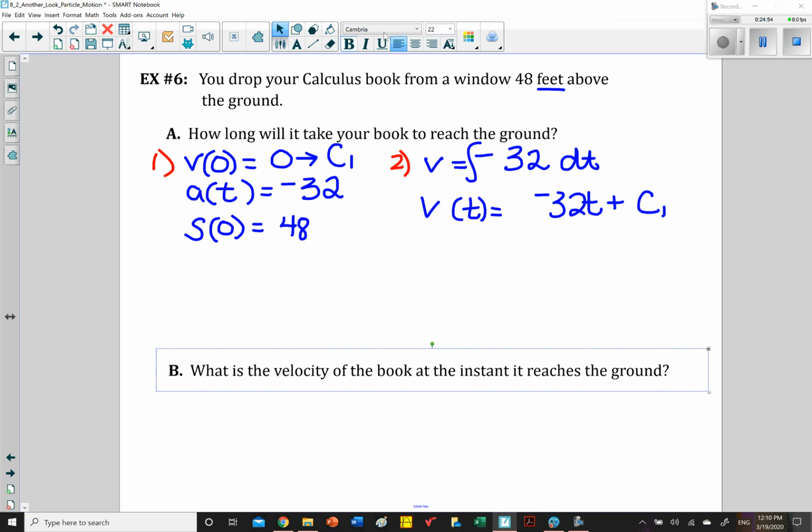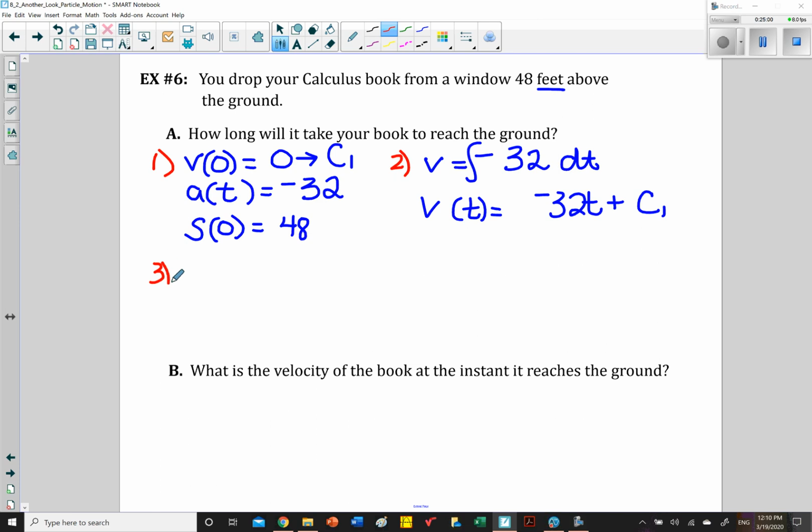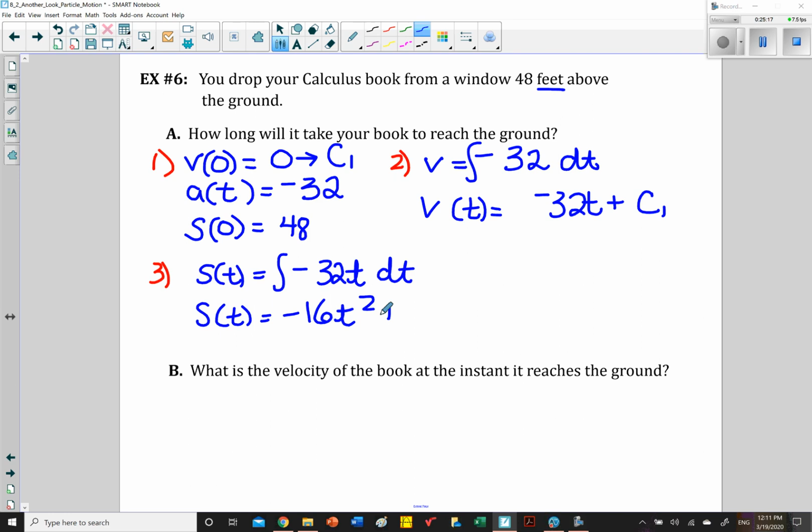And then to get position, we would have to integrate velocity, plus c sub 2. So this is our c sub 2. There's our position function.